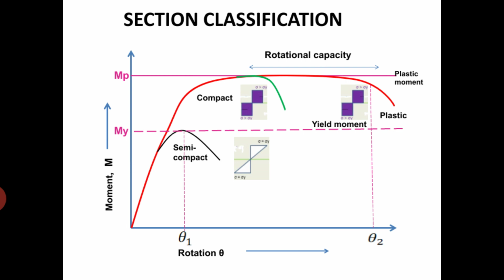And here the third classification is being made, that is semi-compact sections. The cross sections are fully effective in pure compression, but because of local buckling, as I explained earlier, the attainment of the full plastic moment in bending is prevented, and the bending moment resistance in these cross sections is limited to the yield moment only.